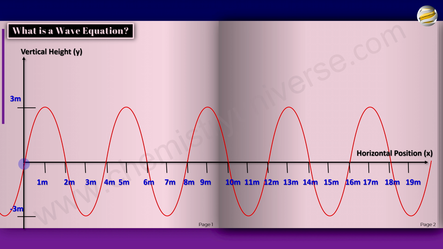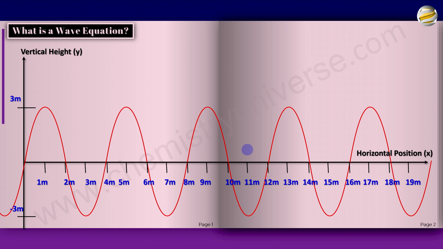This is some platform in the ocean, some oil rig or something, and this is the shore where one of your friends is standing, and the water waves are going up and down like this. Obviously water waves are not going to be this uniform, but we are first going to take a very simple case of a uniform wave so that we'll be able to figure out what a wave equation is. Having said this, let's understand what we want to build today.